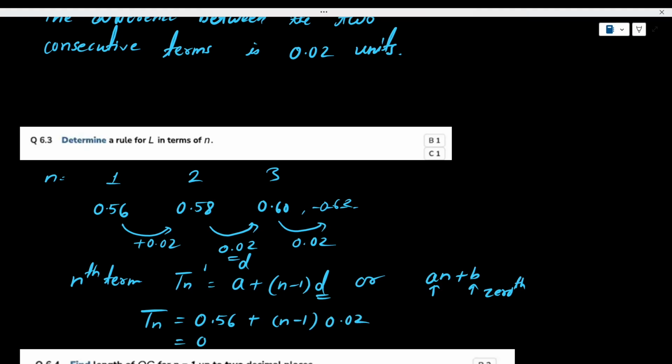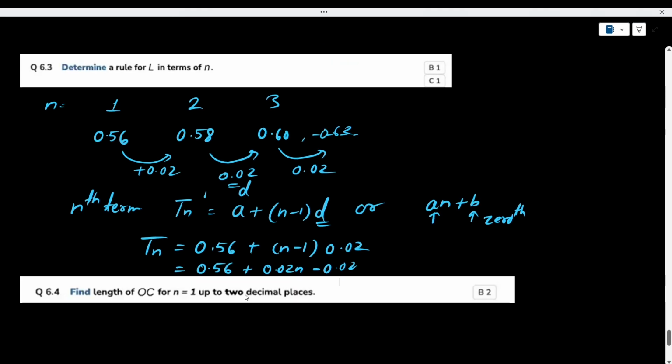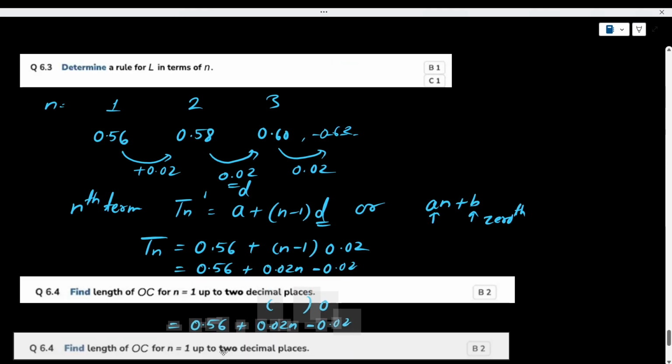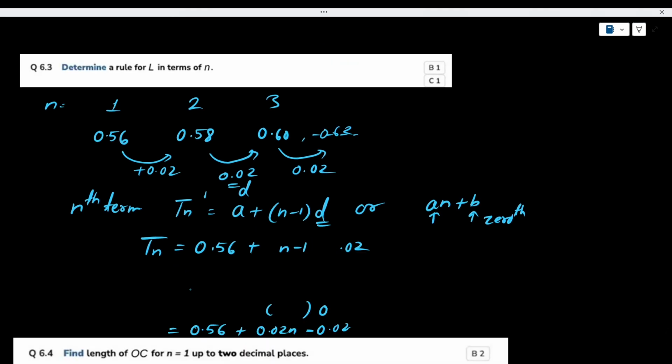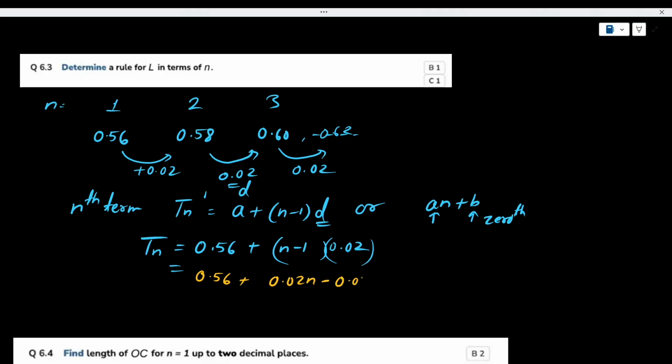If you do the simplification, 0.56 plus 0.02n minus 0.02, and if you subtract, you will get 0.54.